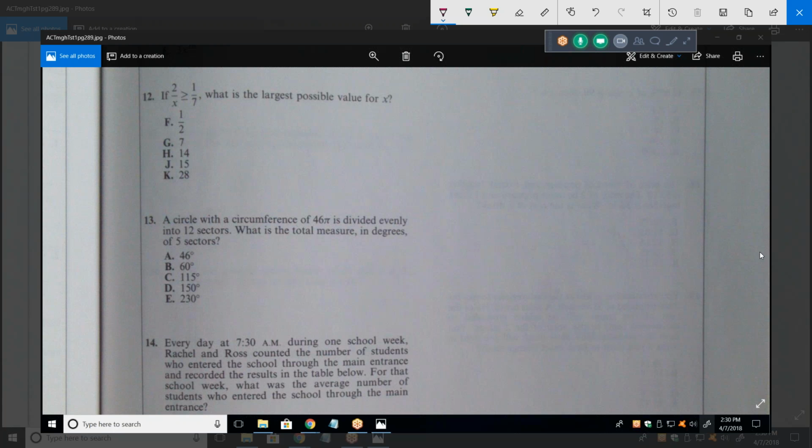What should I do here? Draw a diagram. Okay. There's the circle. The circumference is equal to 46 pi.